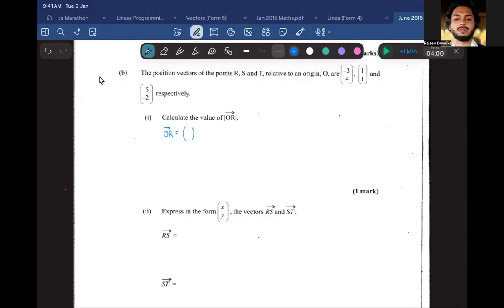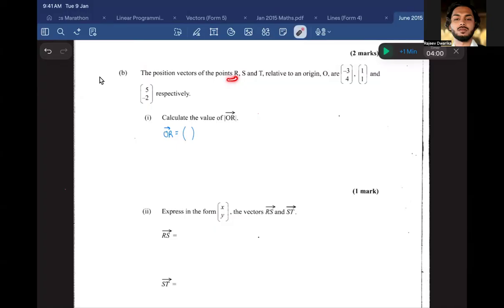So let's read the question one more time. They're talking about position vectors. Ivan, a position vector is a vector that starts from the origin. So they're saying the position vectors of R, S, and T are -3, 4, 1, 1, and 5, -2. So which one is OR?